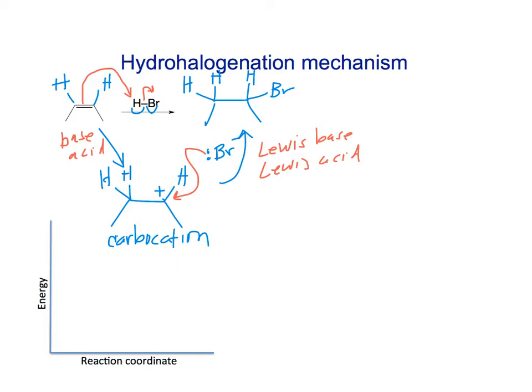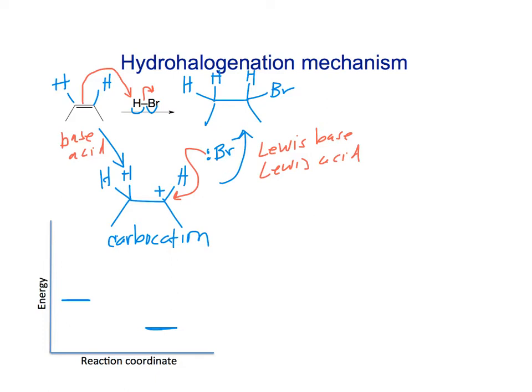All right, so because we have two steps, if we look at the reaction energy diagram, we know we're going to have our reactant somewhere here, and our product, because it has all sigma bonds, is going to be somewhat lower in energy than the reactant. Remember that pi bonds are not as strong as sigma bonds.